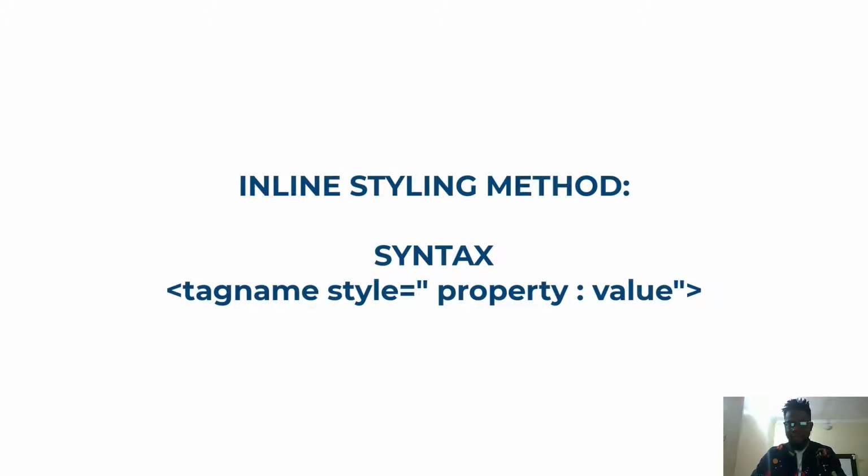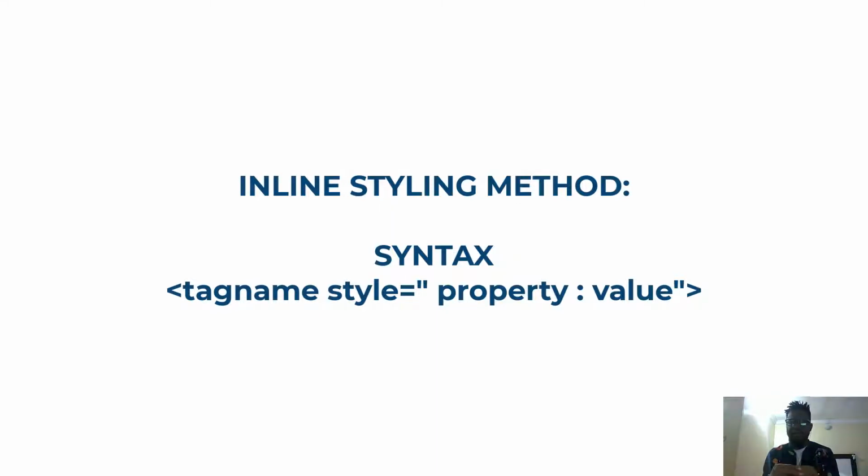After the tag name, you put a space, and then you put style equals, and then two quotation marks. Inside the quotation marks, you put the property you want to set, then the colon sign, and then the value. So that's the formula, the syntax for declaring any inline style.